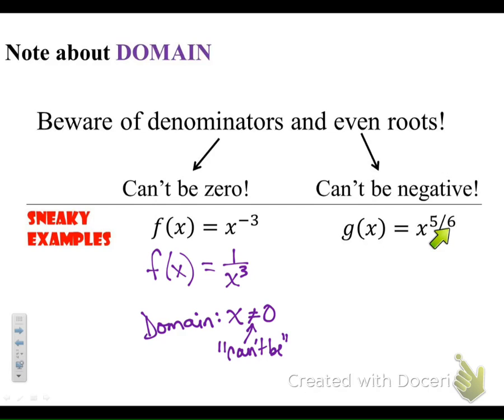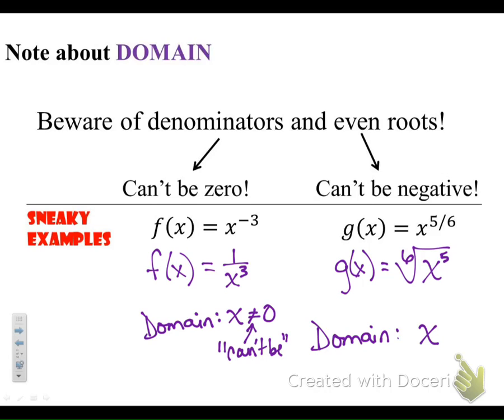In the next one, we have x to the 5/6. When it's not written in radical form, I really don't know if I have an even indexed root. So I'm going to change g of x to be rewritten as the 6th root of x to the 5th. Now I see that even index. Now I need to realize, okay, domain, that radicand x can't be negative.